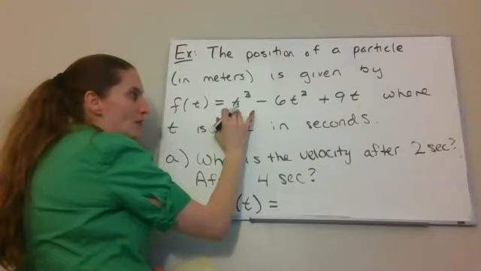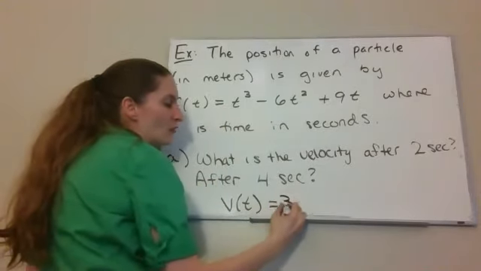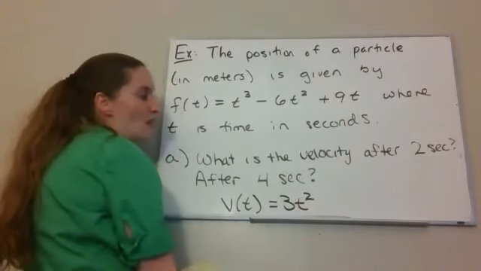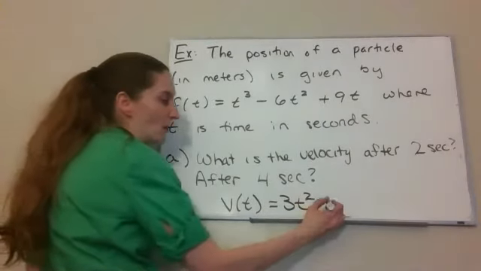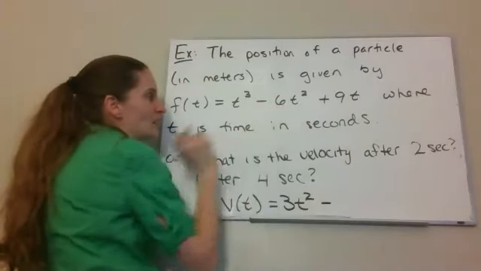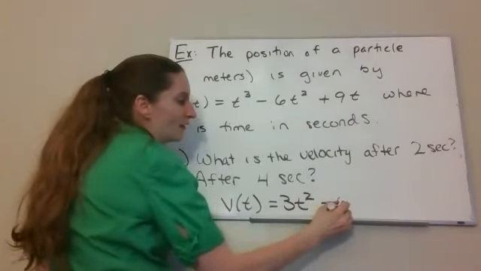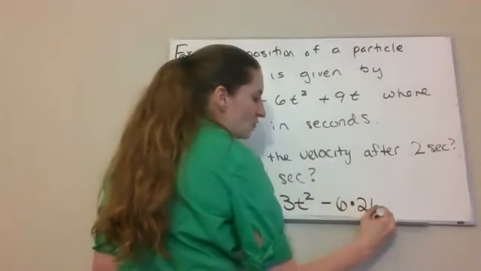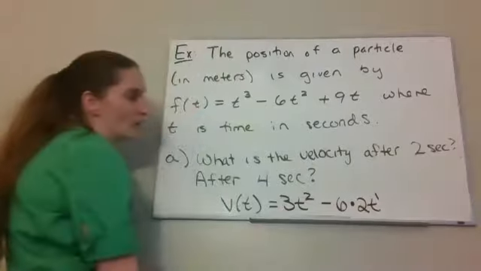The derivative of t to the third using my power rule is 3t squared. 3 comes down and my new power is 1 smaller. The derivative of minus 6t squared, your minus 6 gets to stay. The derivative of t squared is 2t to the first.